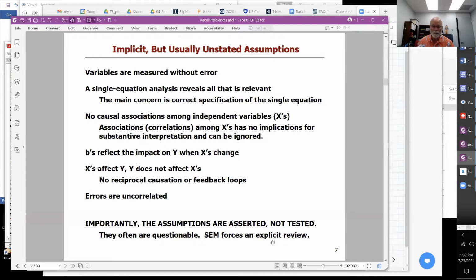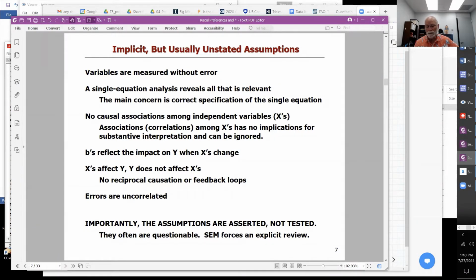When we think about that, we often are left understanding that, well, some of those assumptions may be questionable. If we move the analysis into an SEM framework and give an explicit representation of these assumptions, then we are taking everything a little more seriously, and we have a framework for discussing whether we want to make these assertions or not.